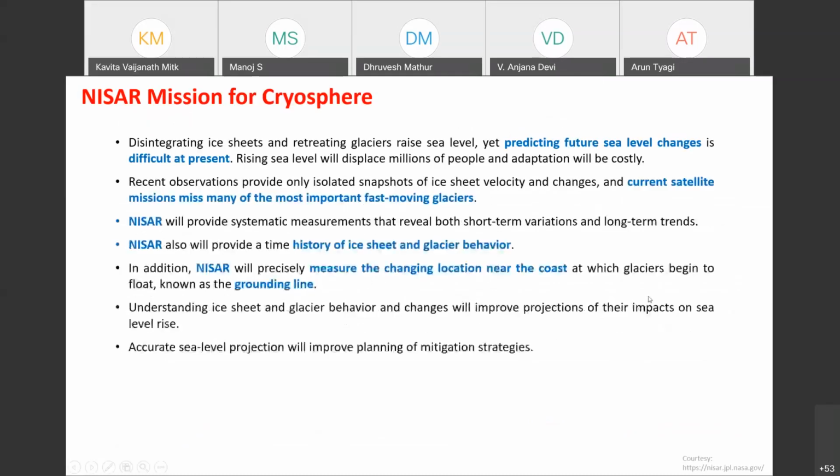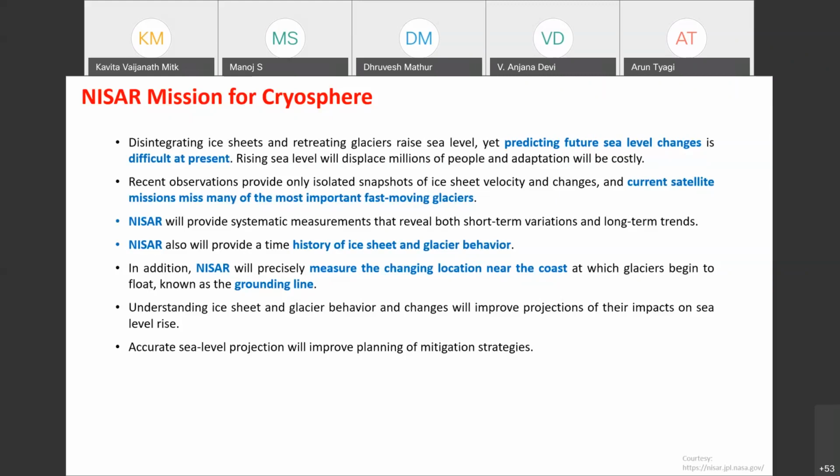So I'll be discussing the NISAR mission for the cryosphere. Why this mission is important for the cryosphere is that predicting the future of sea level changes is difficult at present, and therefore this mission will be very important for predicting the future of sea level changes, because the rise in sea level will displace millions of people, and the adaptation will be very costly.